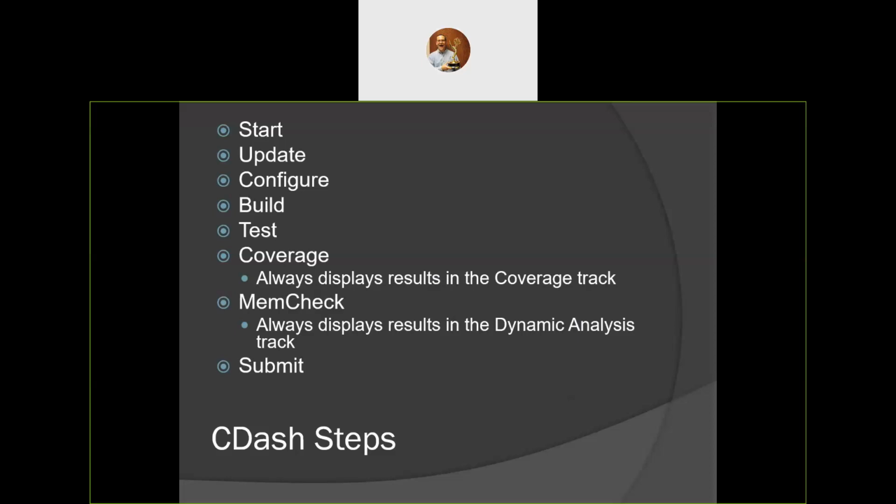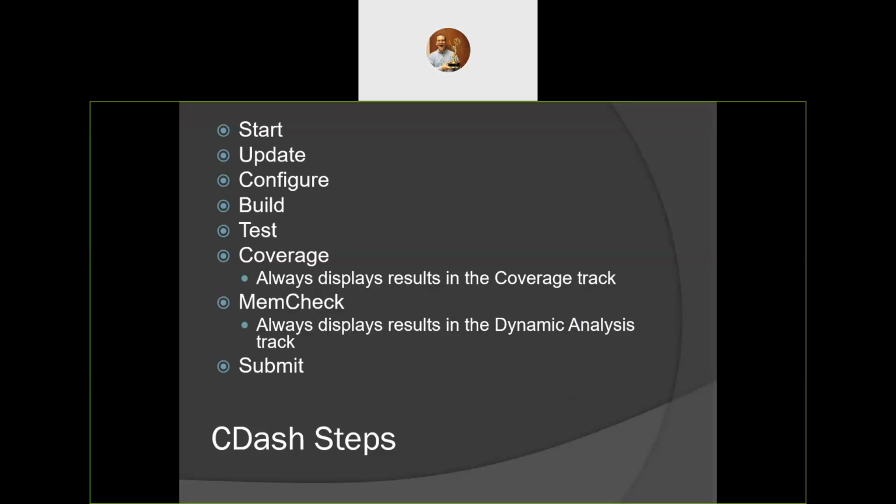You may have a coverage step that's measuring code coverage. It's typically done with gcov, although it can be configured to use an arbitrary command. There's an optional memcheck step that is used to run things like valgrind or the sanitizers that are available in GCC and Clang.